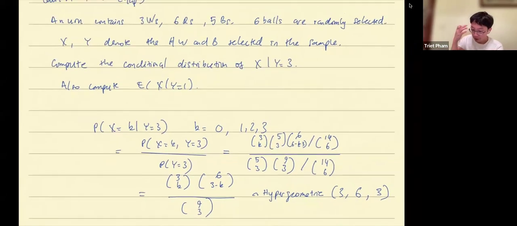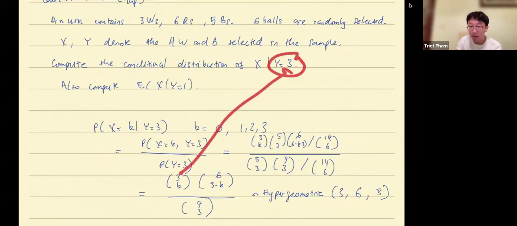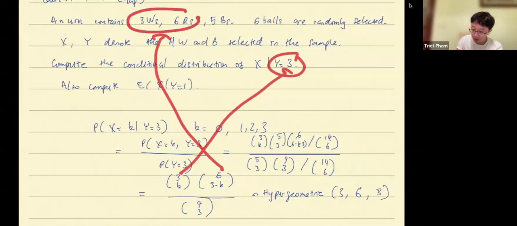So what's the 3 and what's the 6? 3 is the number of blacks. 6 is the number of the remaining ones. What about that last 3?